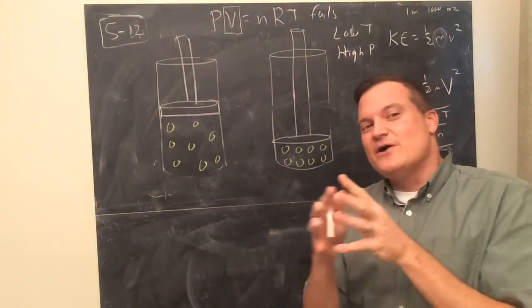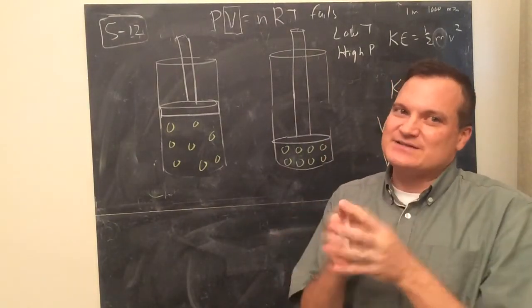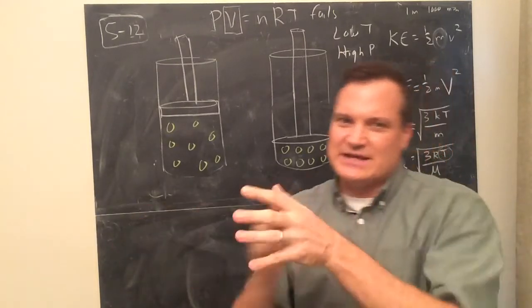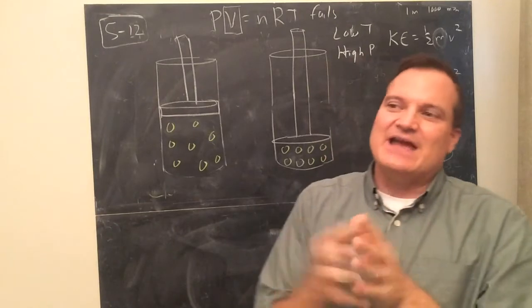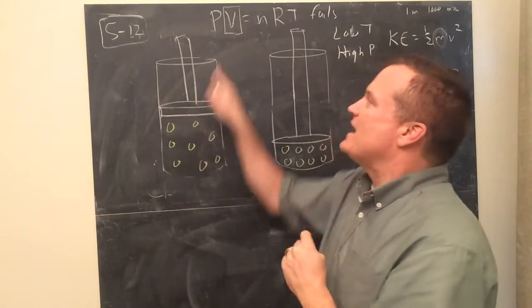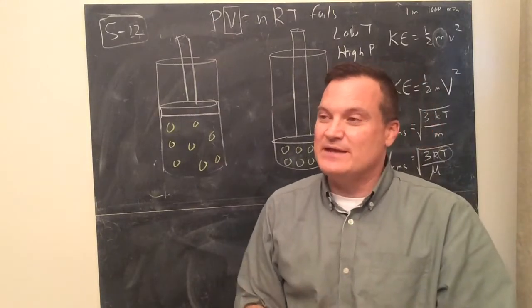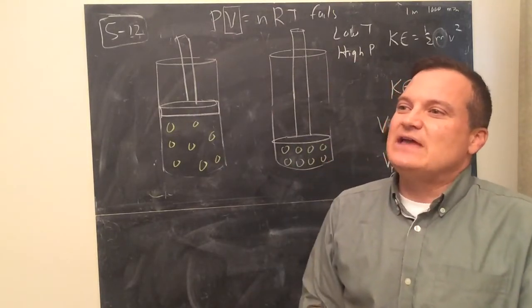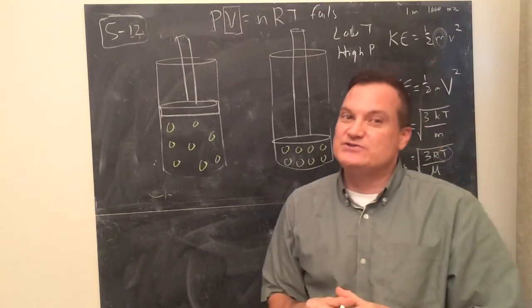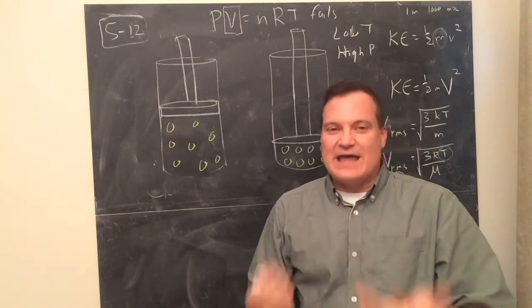If they move slower, then they're more likely to stick together. And remember, we talked about that. If they stick together more, they're sticky. If they stick together more, then their pressure is not going to be as high as PVRT would assume it would be. What will happen is if you measure a pressure in a lab, it'll be lower than what you expected.